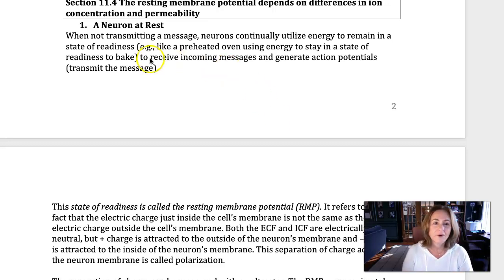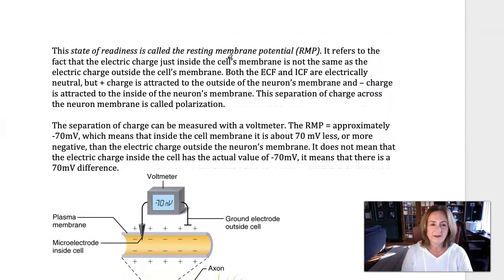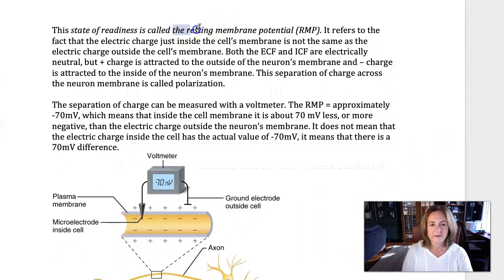The same thing with the neuron. When it's not transmitting a message, neurons continually utilize energy to maintain this state of readiness, kind of like the preheated oven. In order to receive incoming information, you need to be in the state of readiness. And that state of readiness is what's known as the resting membrane potential.